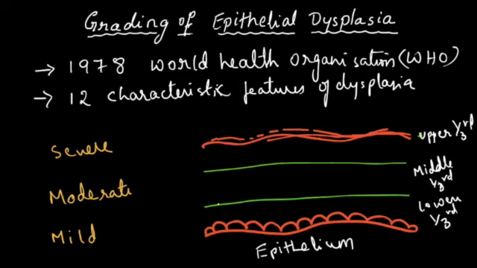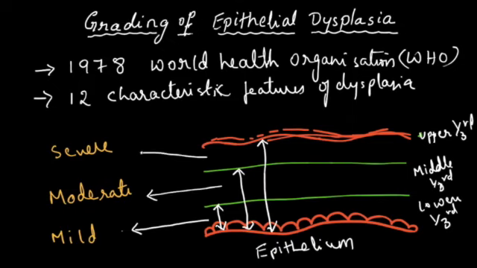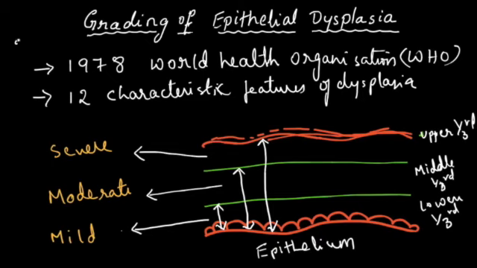When the dysplastic features are limited to the lower third, it is mild dysplasia. Up to 2/3 it is moderate dysplasia, and above 2/3 it is severe dysplasia. This is the second grading system of epithelial dysplasia.